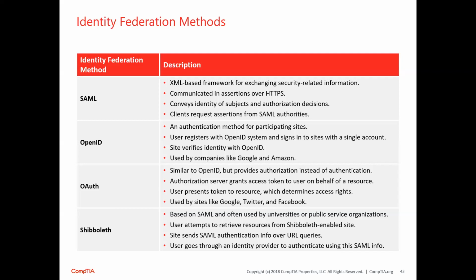We also have OAuth, similar to OpenID, but it provides authorization instead of authentication. Sites like Google, Twitter, and Facebook are utilizing OAuth. And then the latest one is Shibboleth, based on SAML and often used by universities or public service organizations. And the authentication is sent through URL queries.